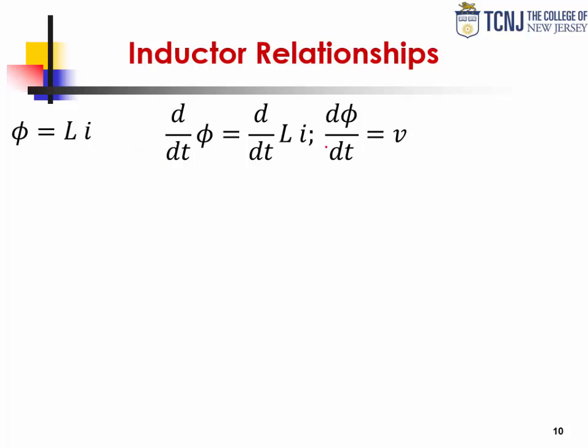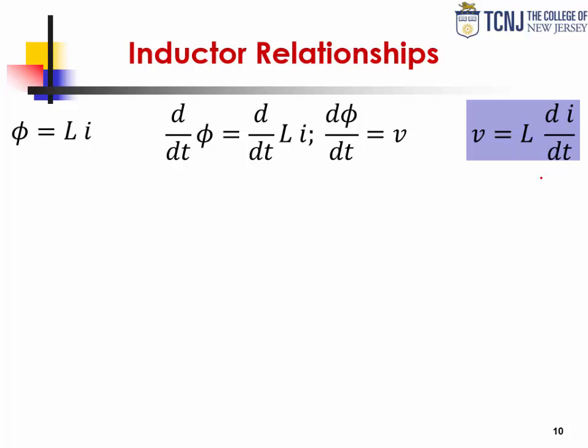And we know that the rate of change of the magnetic flux with respect to time is equal to a voltage. Therefore, if we take the derivative of both sides of this equation, we have this expression, which gives us a very important expression, the characteristic equation of the inductor. The voltage induced across an inductor is directly proportional to the inductance, a characteristic of the inductor, times the rate of change of the current.